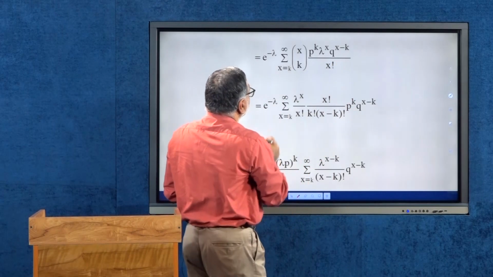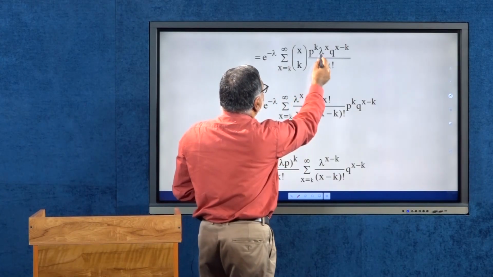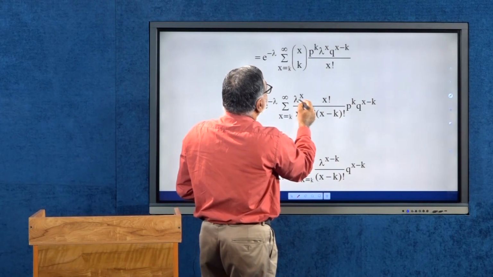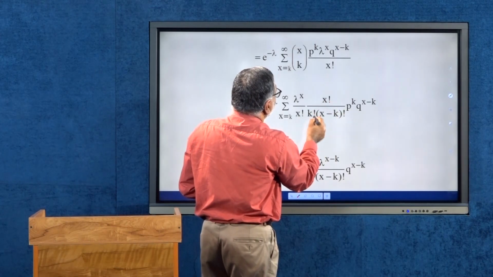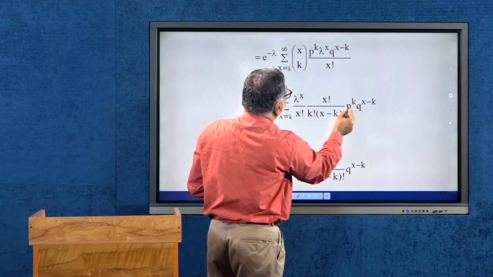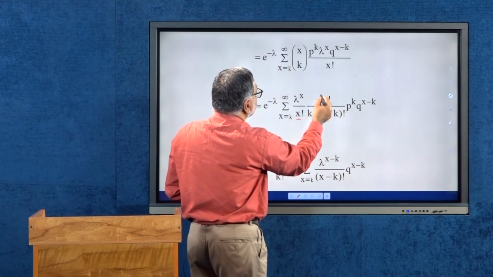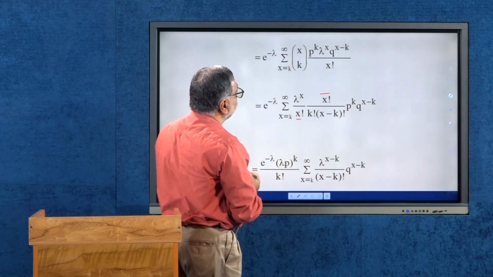You can write this expression as e power minus lambda, lambda power x by x factorial, times x factorial by k factorial into x minus k factorial, times p power k, q power x minus k. That way we are writing. This is an additional quantity we introduced, that is nothing but 1.